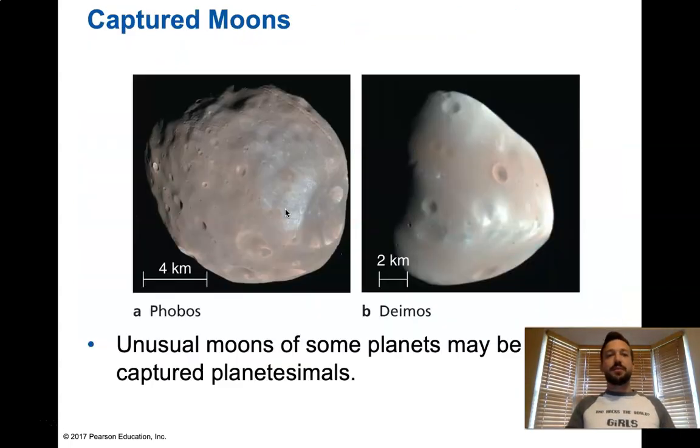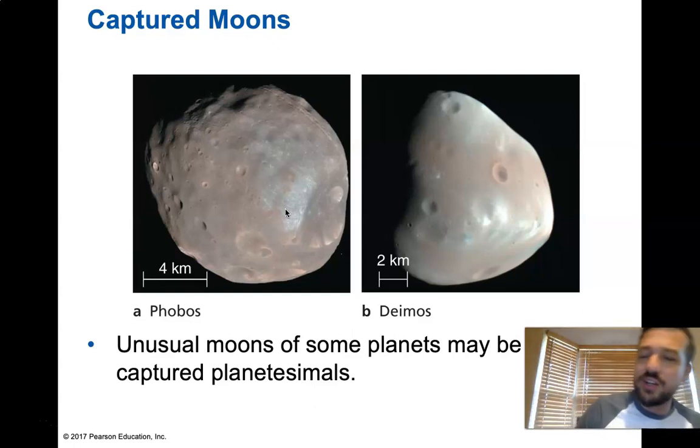So let's just talk about some of them. Now remember some of the moons we're talking about. A lot of moons that orbit clockwise, going opposite, are captured planetesimals from the beginning, captured asteroids and comets. Like Mars has these two tiny little moons called Phobos and Deimos, and they orbit opposite to the direction that we would assume.